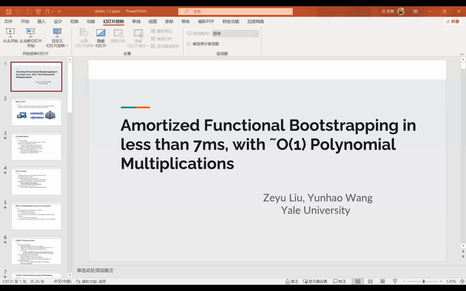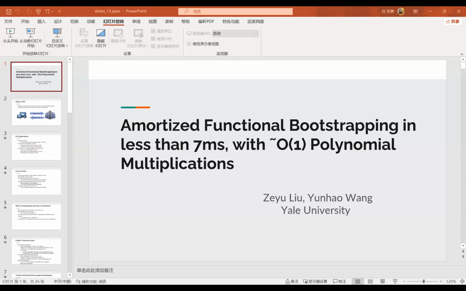Okay, so a bit more of history. Binary gate bootstrapping first starts from the FHEW work, then it was improved by the TFHE work, and recently there's another work by Paul. These three works focus on single-gate binary bootstrapping.